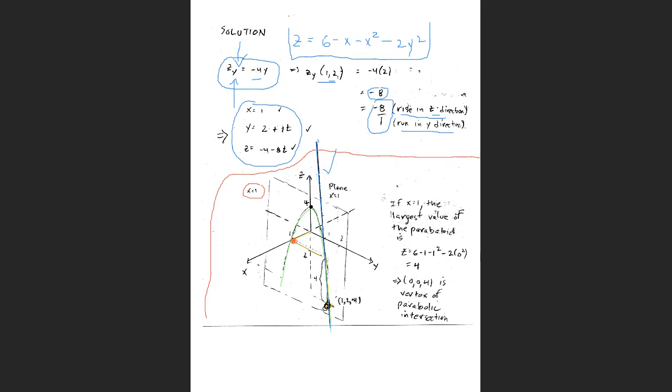Notice the 1, 2, and -4. That's just a point on that line, just this point right here.